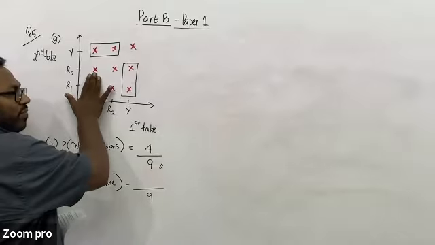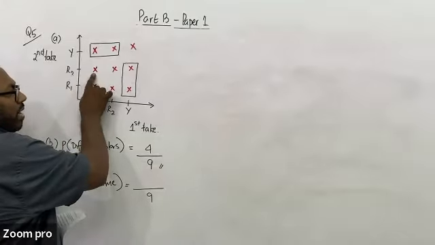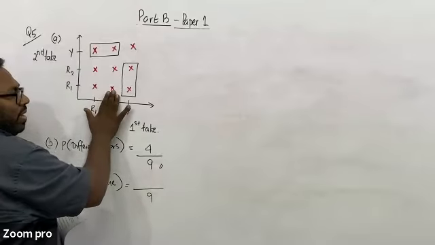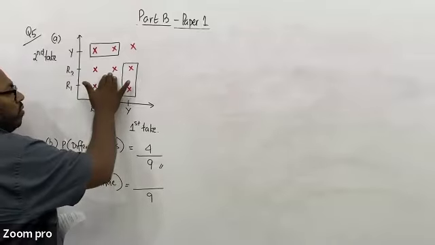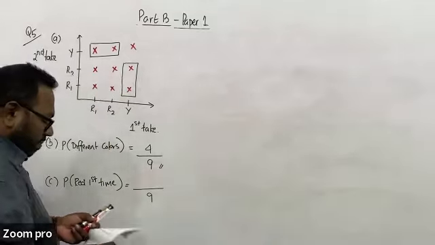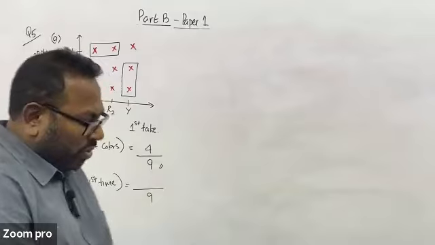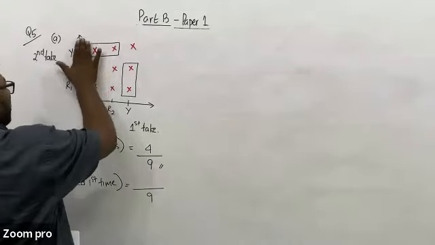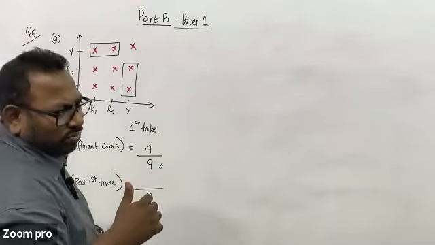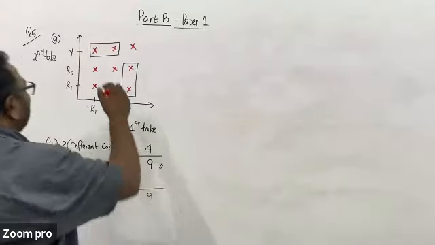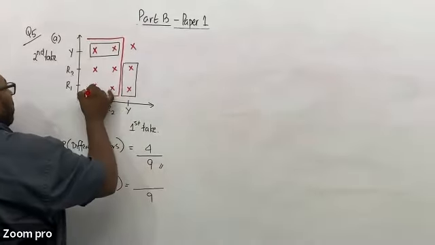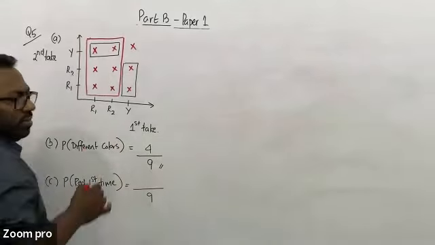You can take R1 first, second time R2. You can take R2 first, second time R1. Okay. And if you take first time red, you can also take second time yellow. Right?